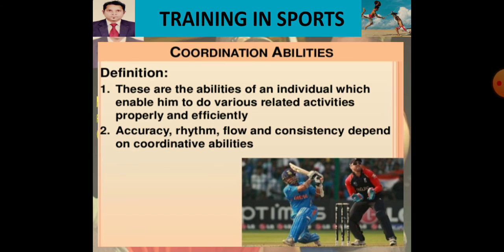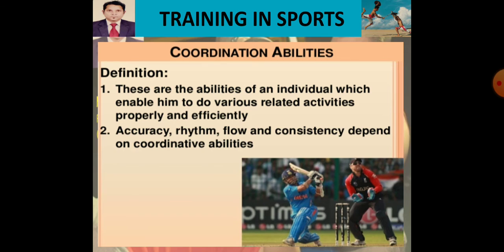These abilities help the sports person to do a group of movements with better quality and effect at the same time. So coordination abilities are directly linked with the technical aspect and skills of the sports.